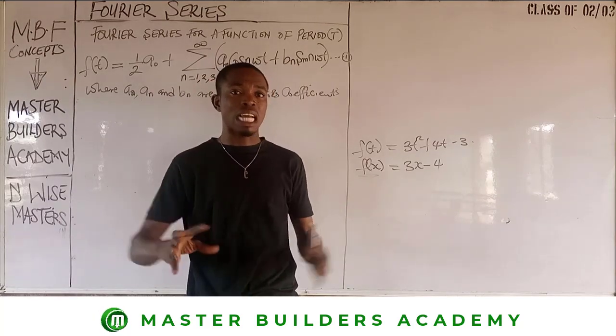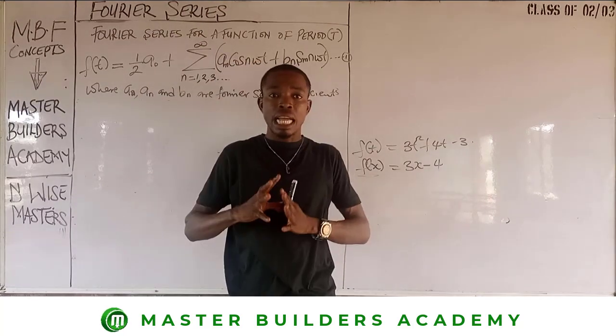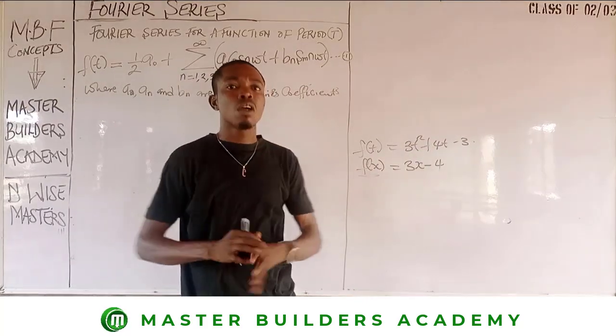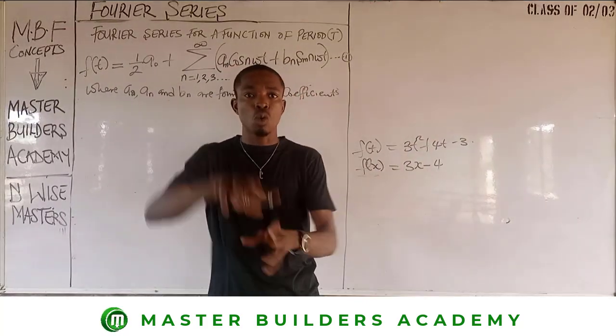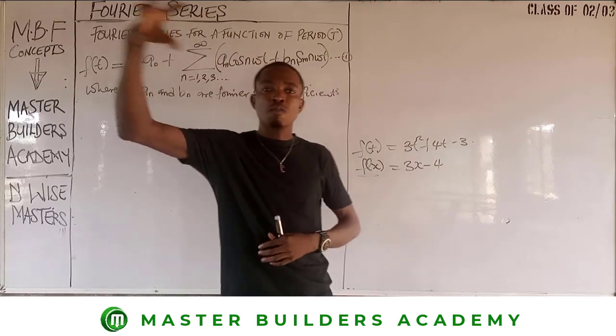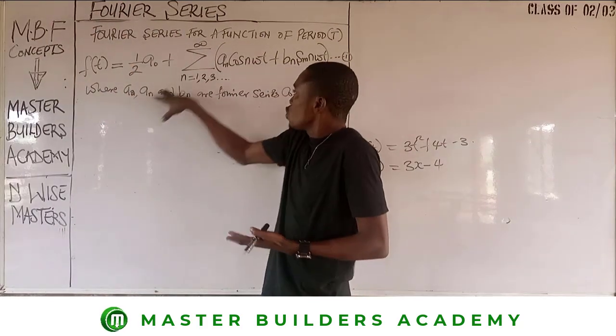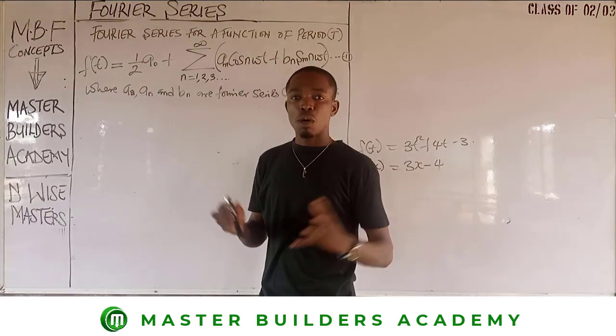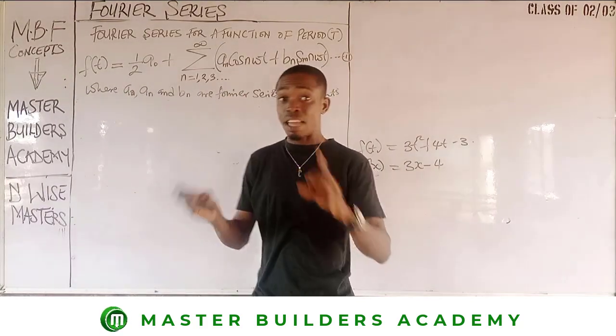Remember, I did mention that I will first of all state the formulas, then before we now start analyzing the concept of the theorems of even and odd functions. So even functions and odd functions help us to reduce this equation to a little minimal level that will help us solve problems on Fourier series effectively.